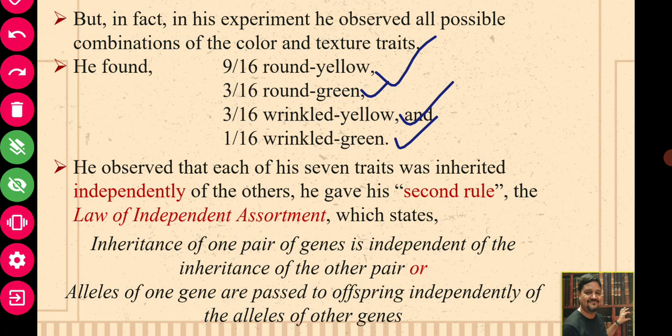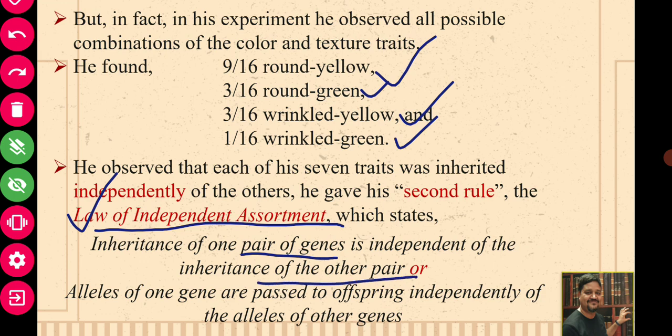Forget about the first or second rule. We have to remember that he gave the law of independent assortment. What is the law of independent assortment? It states that the inheritance of one pair of genes is independent of the inheritance of the other pair.